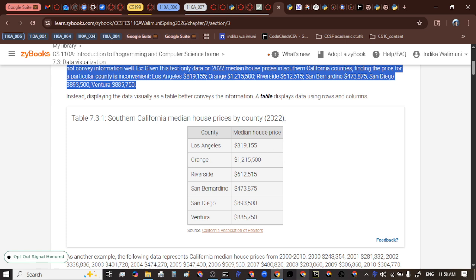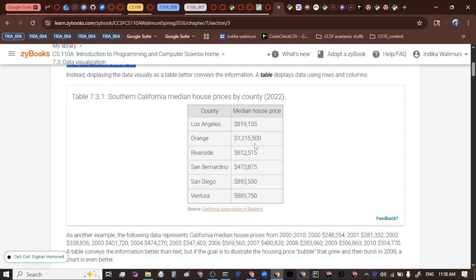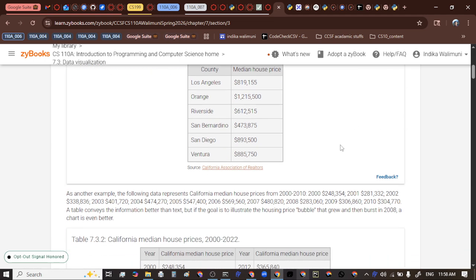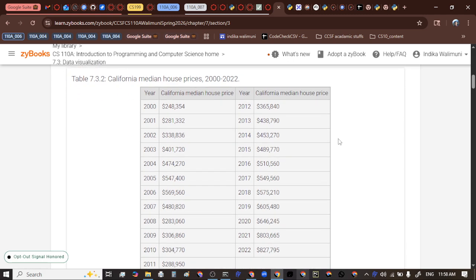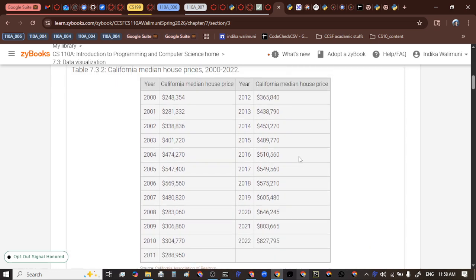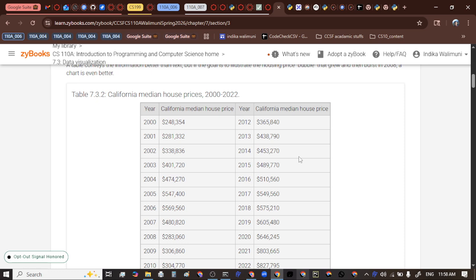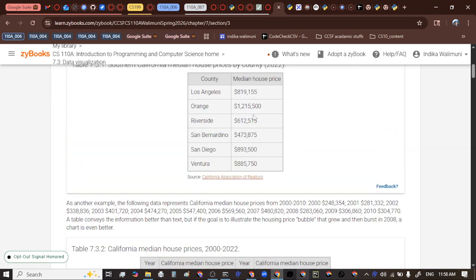The count is visible properly in a column, and the median house prices are visible, and we can also see a simple pattern: Orange County has the highest median house prices, right? But a table is okay for this simple data set.